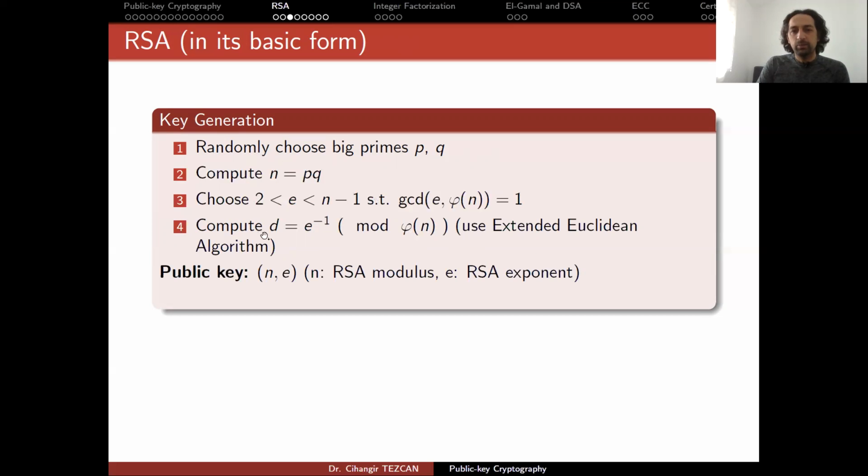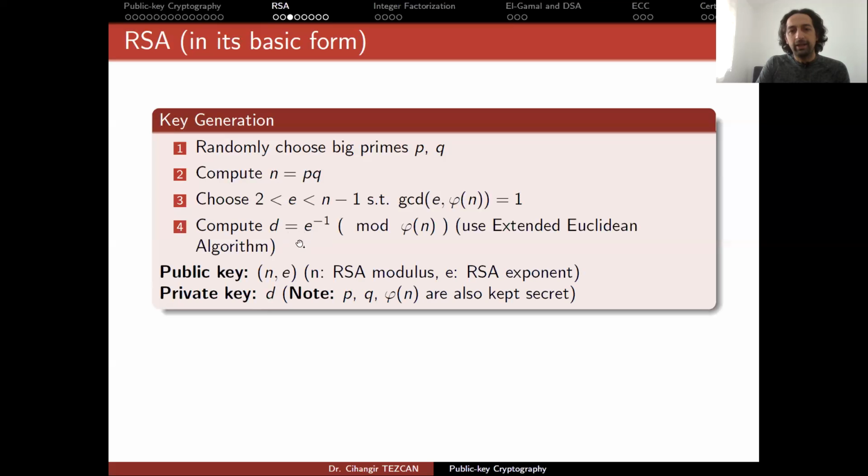So that's it. Actually, at this point, you obtain public key parameters n, which is the multiplication of the two big primes that you have chosen, and E, which you choose initially. So n is referred to as RSA modulus, and E is referred to as RSA exponent, and these are public. So what is private? D is private, so D is calculated as the inverse of E. So you might think that if an attacker knows E, can they capture D from there because they know E and N?